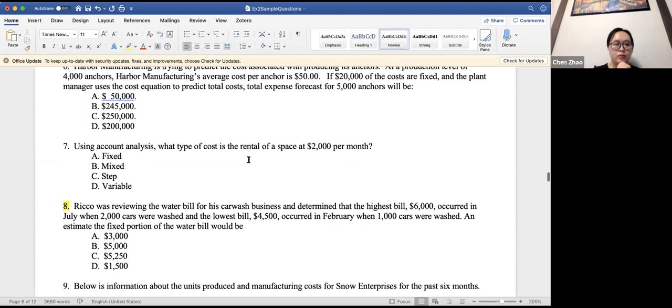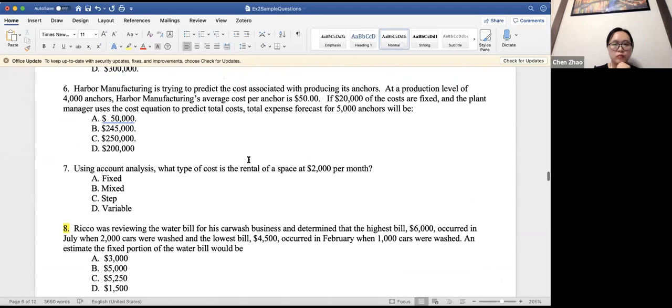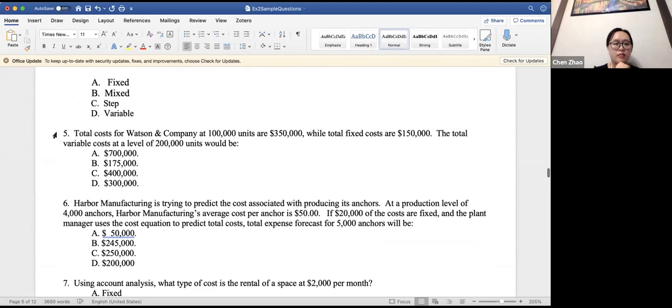Okay, so which question did I say it was? 5? Yeah, 5. Okay, I'll give you 1 minute and see if you can figure it out. Okay, y equals b times x plus f.